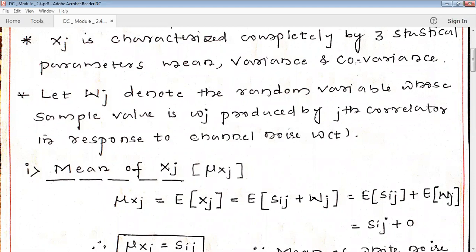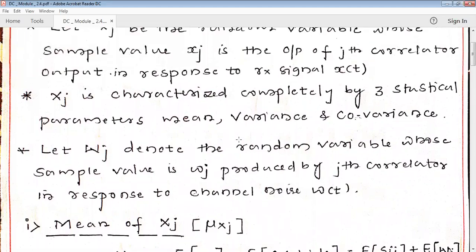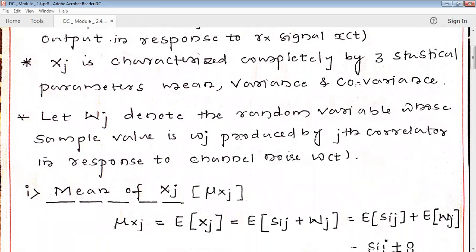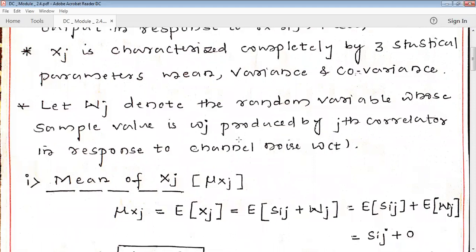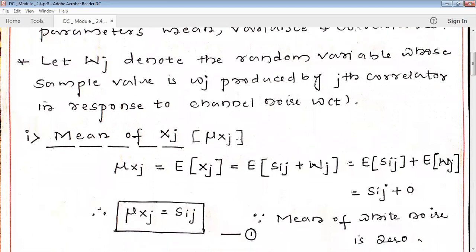It is very simple. You will get Xj at the output of the correlator when the input is x of t. Similarly, you will get Wj at the output of the jth correlator when the input is the channel noise w of t. And for the output of the jth correlator Xj, now we have to analyze these three statistical parameters.